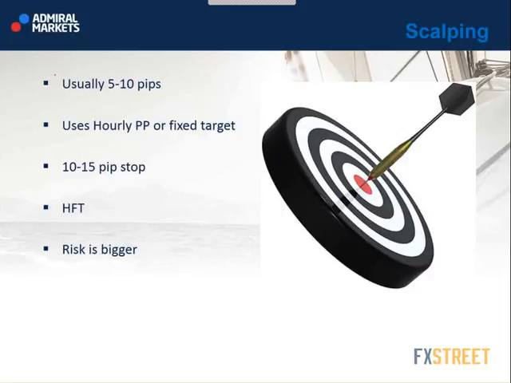I don't know which kind of trading system you use for scalping, but definitely most trading systems out there use 5 to 10 pip targets, occasionally a little bit more, but 5 to 10 pips for taking profits. My advice for scalping is to use the hourly pivot point or a fixed target by using the ATR stop indicator.